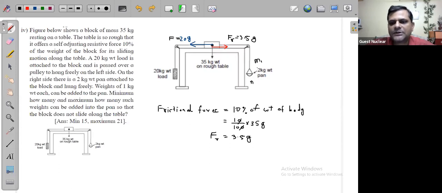So we can just say that this will be m1 + 2. ओके, m1 + 2. तो जितने भी यहाँ पे नंबर हम डालेंगे, मास यहाँ पे डालेंगे इस पैन के अंदर, तो वो m1 + 2 करना पड़ेगा हमको, and that is to be multiplied with g, so that we can just get the weight of that here. तो इसका पूरा वेट निकालने के लिए हमको यहाँ पे m1 + 2 into g करना पड़ेगा, which will be the third force acting on this body, which will be acting in this opposite direction here. तो यहाँ पे एक्ट होने वाला ये थर्ड फोर्स बन जाएगा, जो कि m1 + 2 into g इस तरह से काम करेगा.